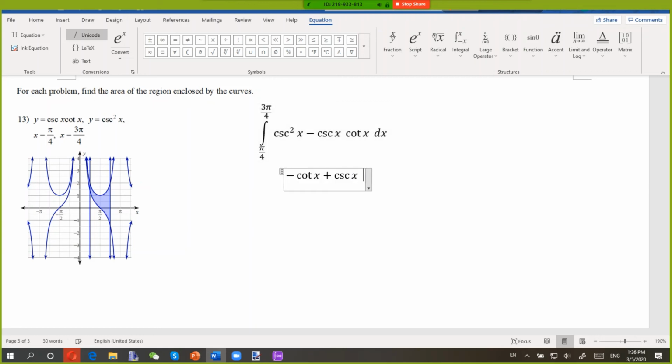Okay, and then I need to plug in upper bound minus lower bound, so to subscript that, I'm just going to write a straight line here, and then write my upper bound and lower bound on top of each other. So this is from pi fourths to 3 pi fourths.